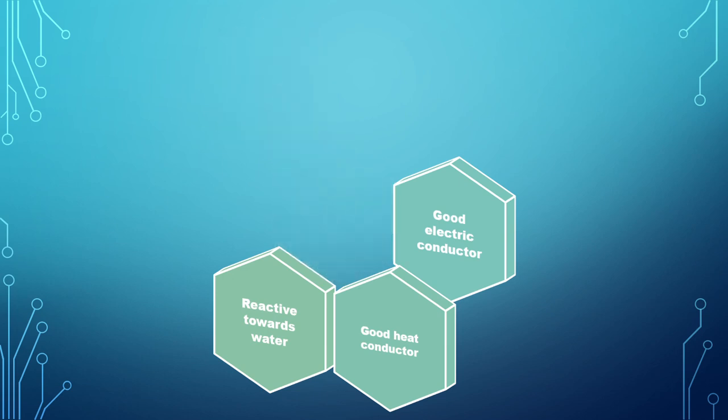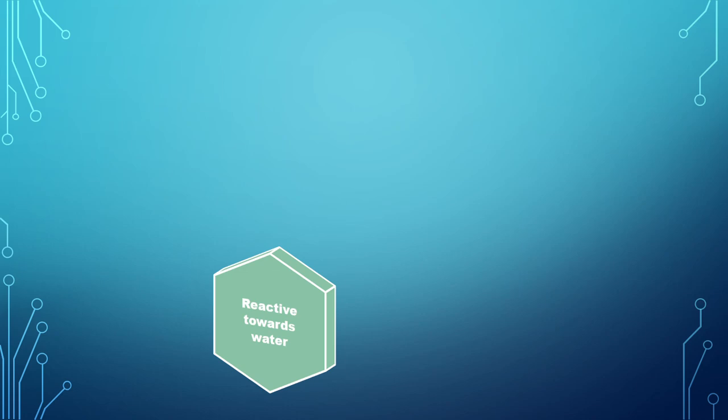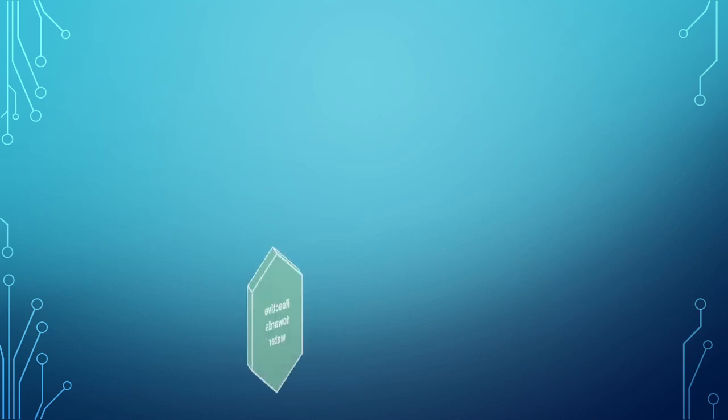They are good electric conductors and good heat conductors. Most importantly, they are reactive towards water. So these alkali metals are kept in paraffin oil in bottles to prevent them from reacting with water vapor in the air.